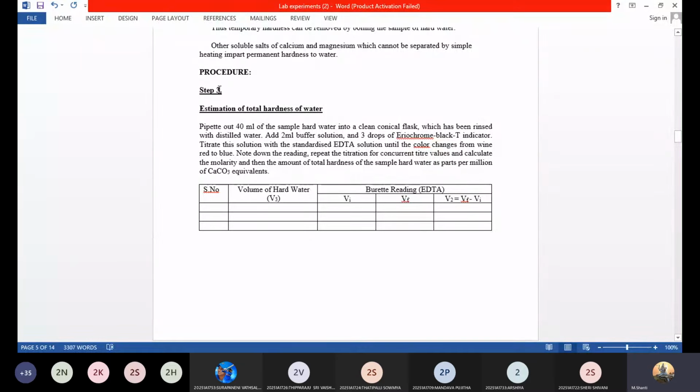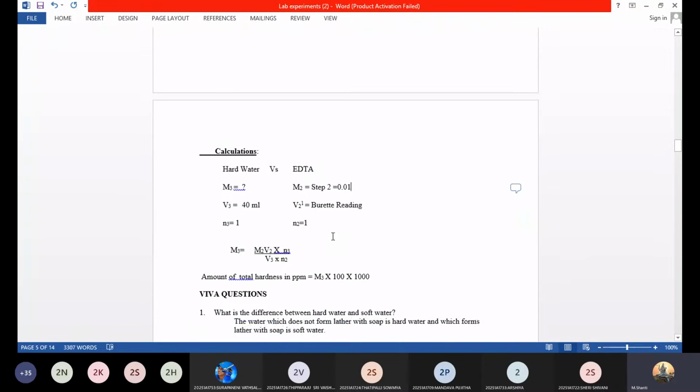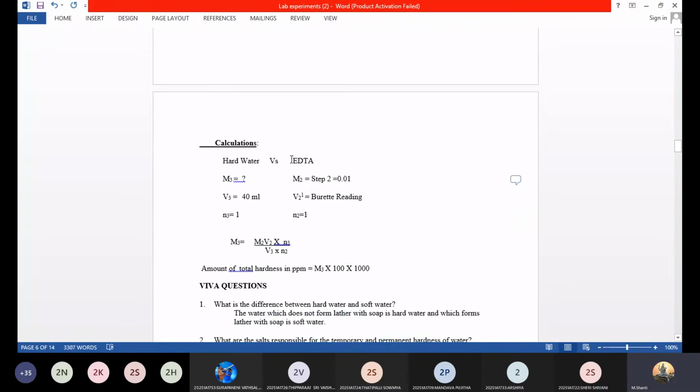This is actually step 3, but you are not doing all three steps. Here you are going to do only one step, that is the estimation of total hardness of water, because we are directly providing you the M2 value. Actually, in step 1 you prepare a primary standard solution, and in step 2 you standardize it, get the step 2 value, substitute here, and substituting all these things, you can find out the N3 value. Okay, fine.